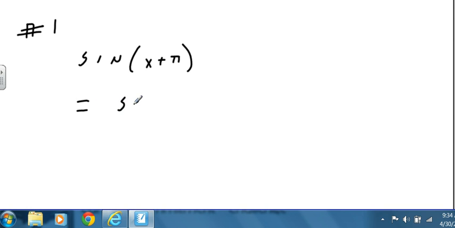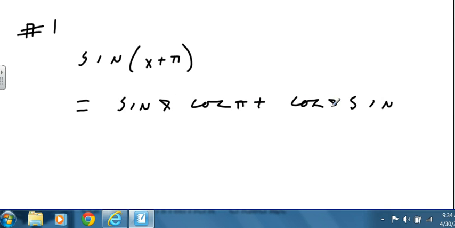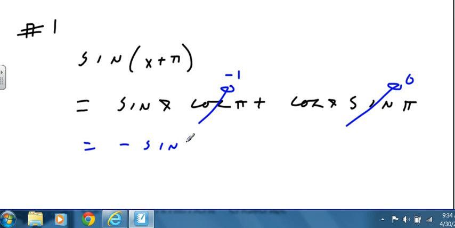So he's going to look like sine x cosine pi plus cosine x sine pi, and the sine of pi is 0, and the cosine of pi is minus 1, and this is going to be equal to minus sine x. Is that what I'm supposed to get? Yes, I'm supposed to get it. Boom, done.